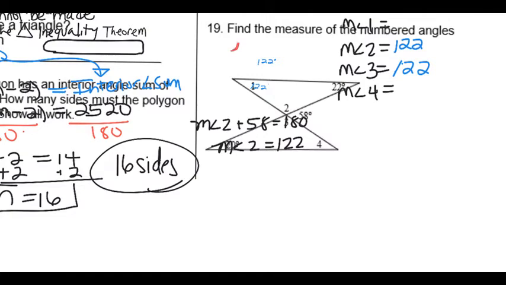So the measurement of angle 1 plus 122 plus 22 equals 180. If we solve that equation, we're going to find out that the measurement of angle 1 is equal to 36.